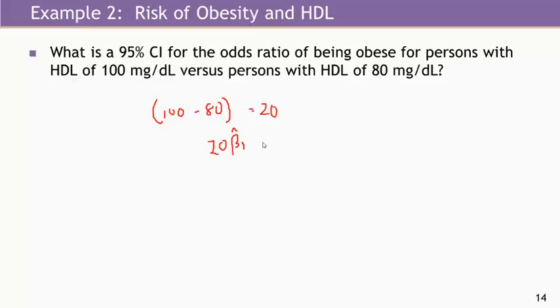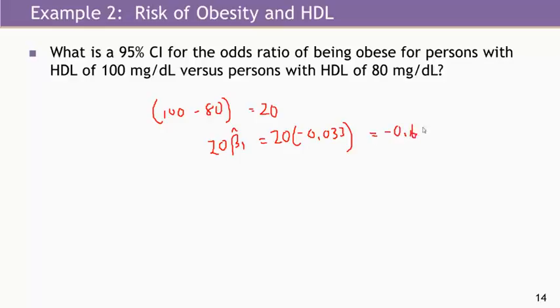And so the estimated difference in the log odds of obesity for these two groups is 20 times the slope, which estimates the log odds ratio for a 1 unit difference. If you do this, it's equal to 20 times negative 0.033, or negative 0.66.